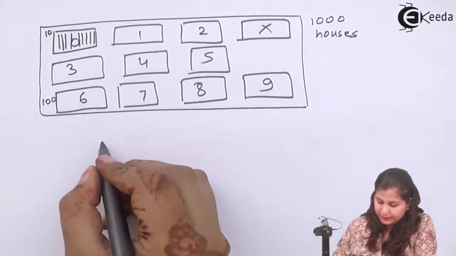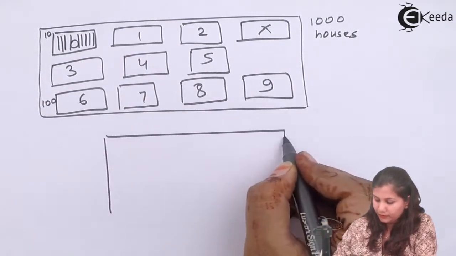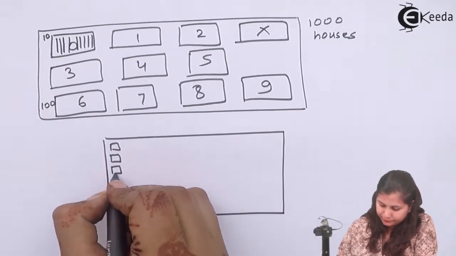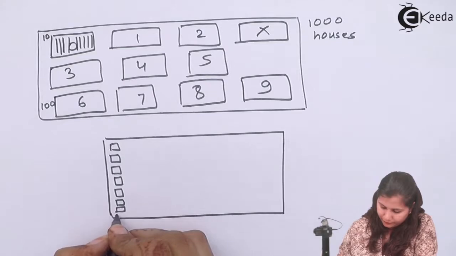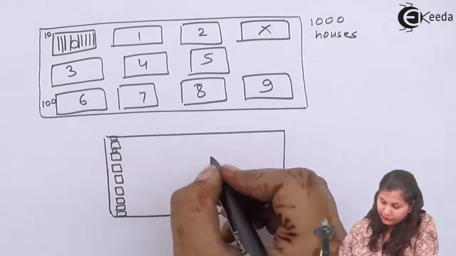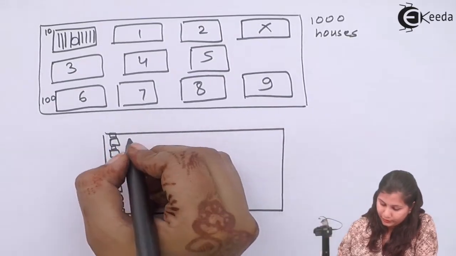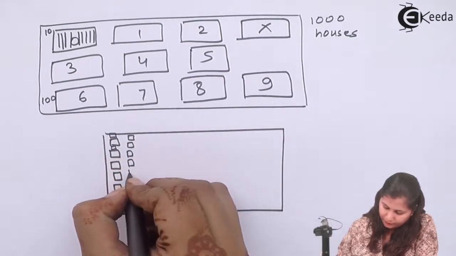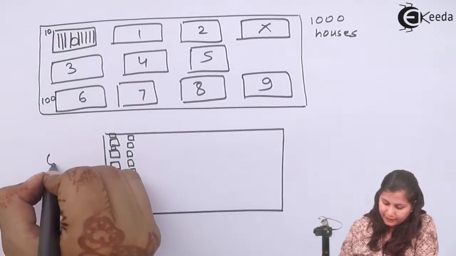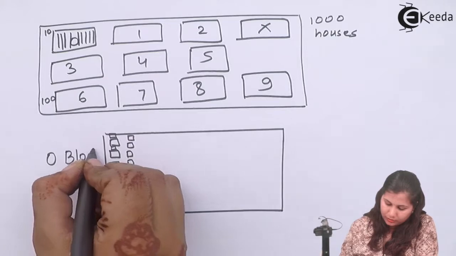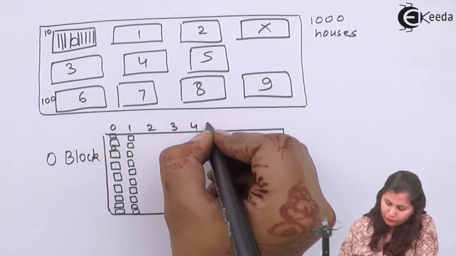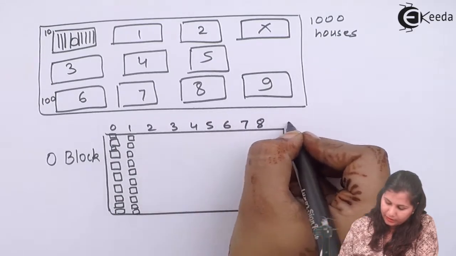Suppose this is our 0 block. In this way we have 10 rows, numbered 0, 1, 2, 3, 4, 5, 6, 7, 8, 9.